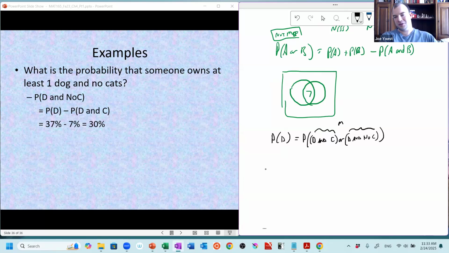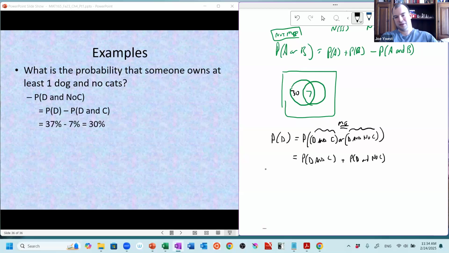So these are mutually exclusive. So this is probability of dog and cat plus probability of dog and no cat. And then we can solve for probability of dog and no cat by subtracting probability of dog and cat over to the other side. This gives us 37% minus 7% just from our initial information, or 30% of folks own a dog and no cat.